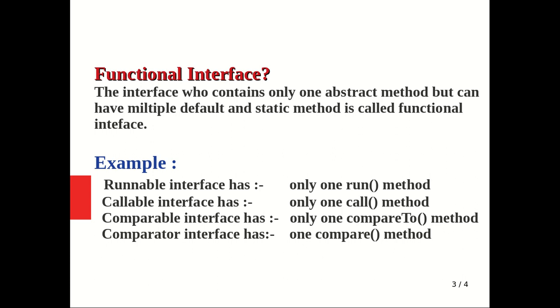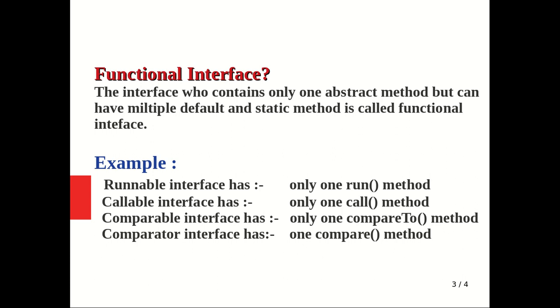To be a functional interface, an interface must have only one abstract method, but it can have multiple default and static methods. As we know, from Java version 8 we can write multiple default and static methods inside an interface.